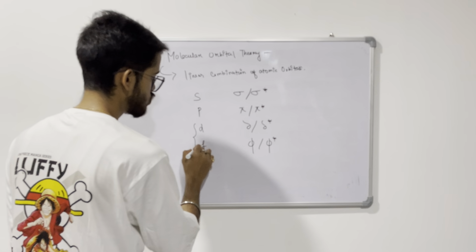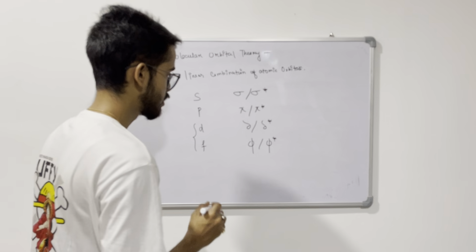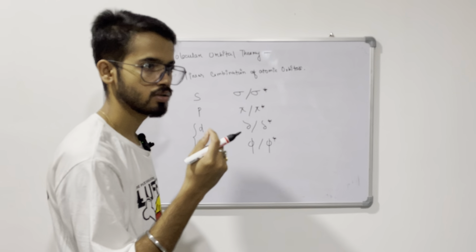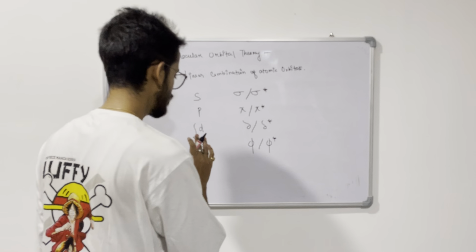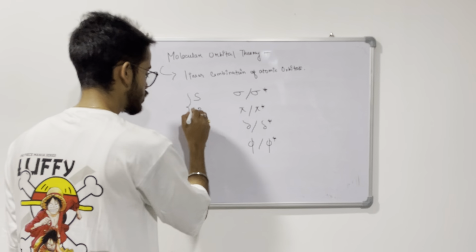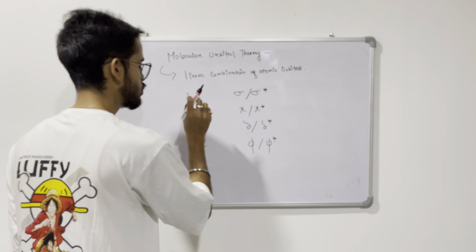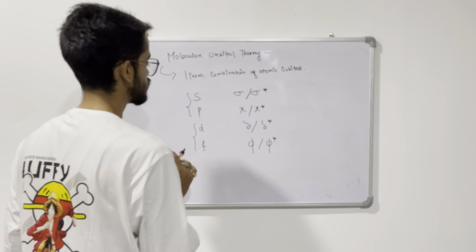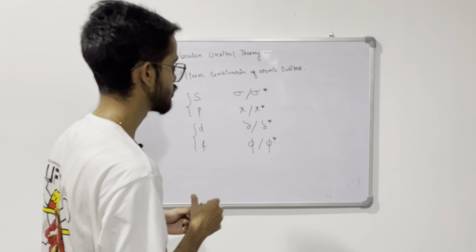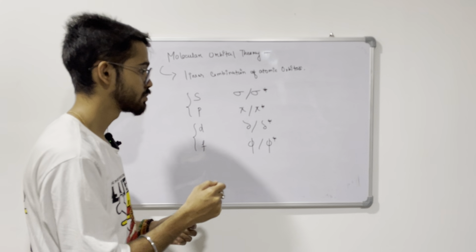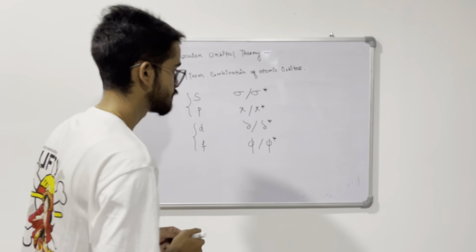So these two, d and f, are not used much or questions rarely come. So we have to give more focus on these two atomic orbitals s and p and molecular orbitals sigma star pi star.